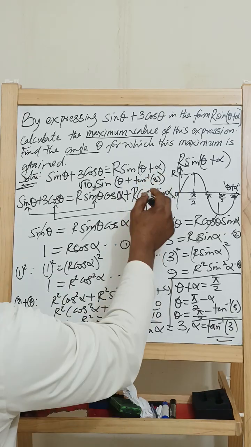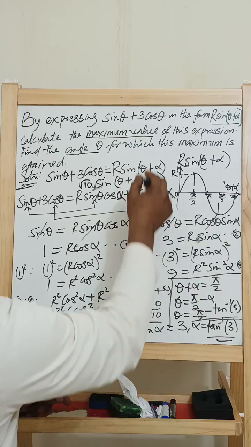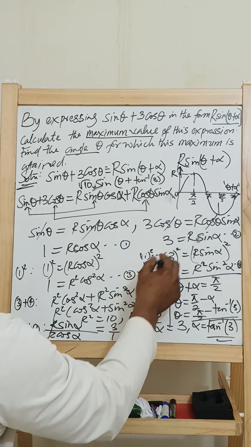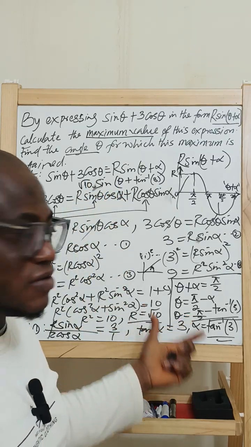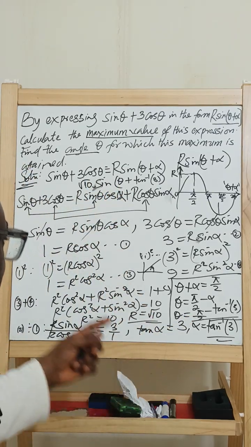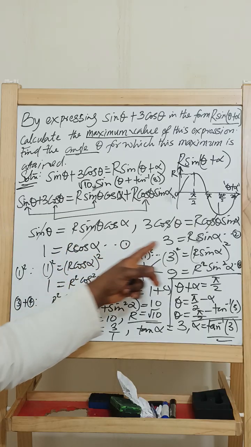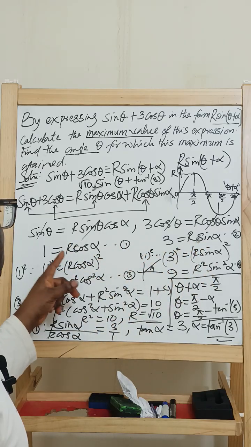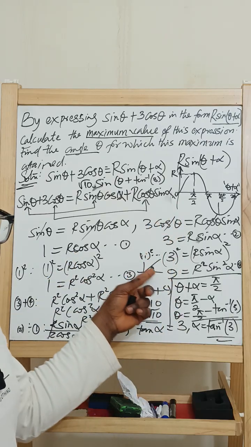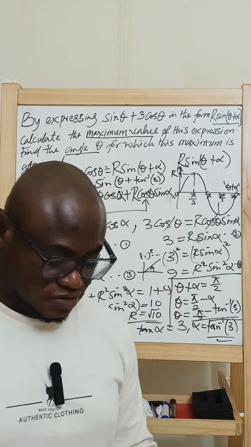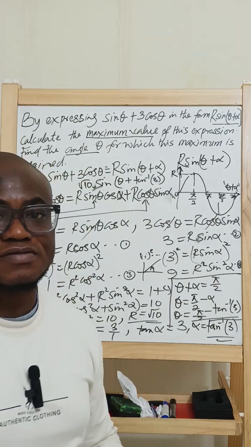This value is already in the first quadrant, so we don't need to do anything else, because sine alpha, cos alpha and tan alpha are all positive. So that's how we solve it. Thanks.